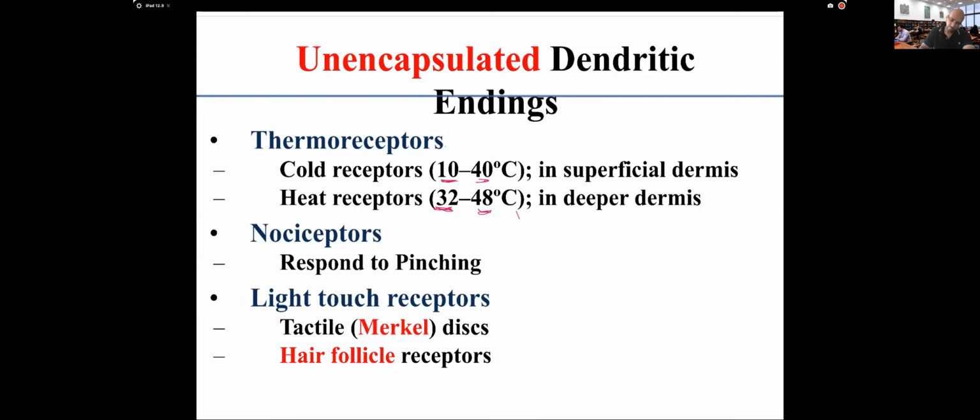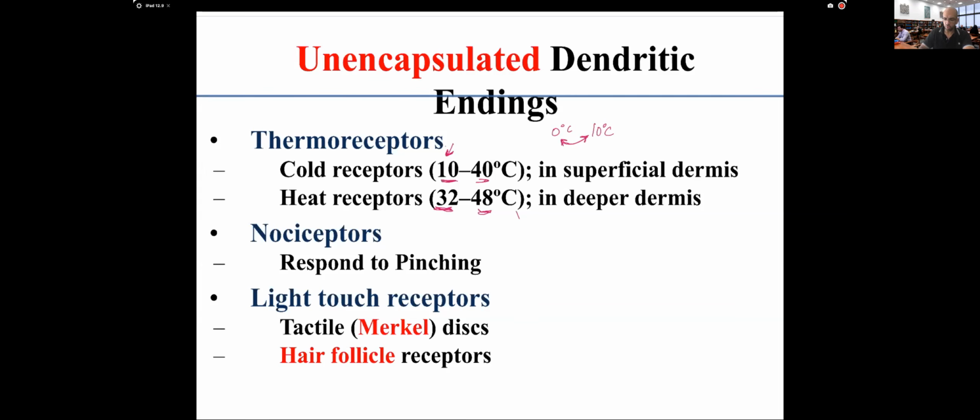So what if I am exposed to a temperature lower than 10 degrees Celsius? Would I still be feeling more cold? What do you think? Or is it the same? So 10 degrees Celsius and 0 degrees Celsius, for example. Am I going to feel the same in those two situations?